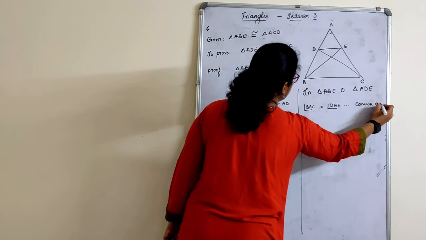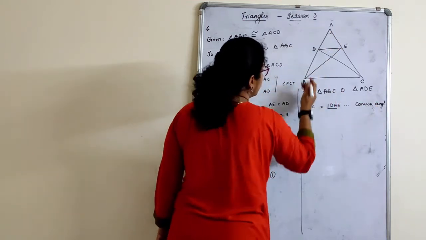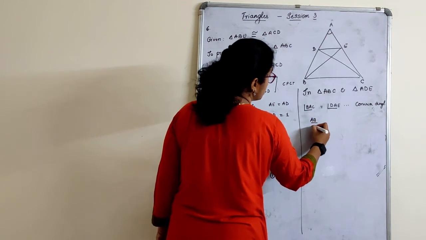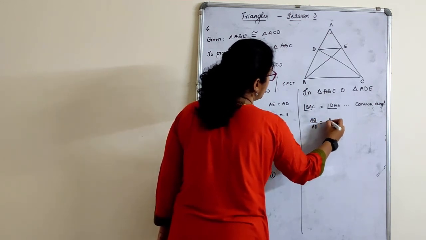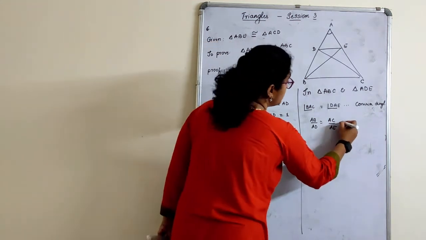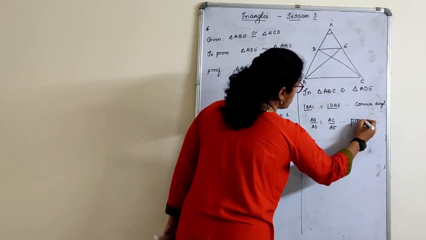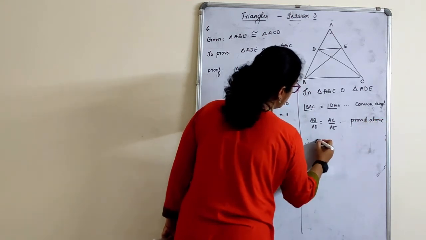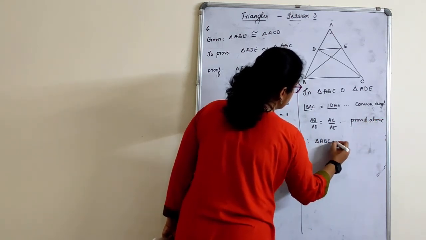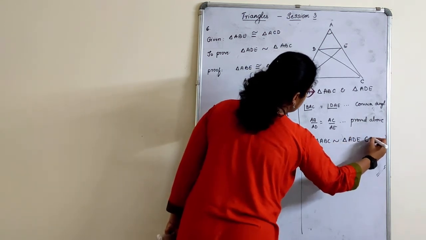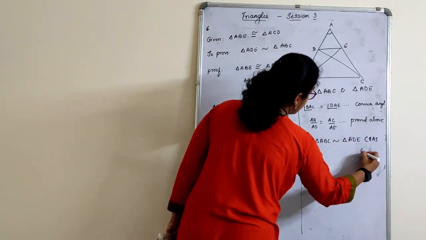Common angle. If it's a common angle, then what do we have? AB upon AD is equal to AC upon AE. Right? Proved above. Therefore, triangle ABC is similar to triangle ADE by SAS criteria.